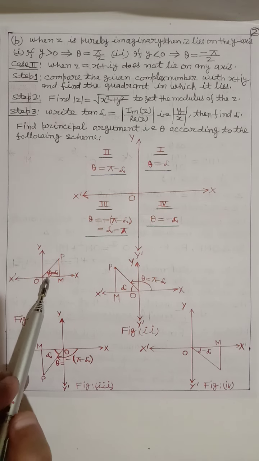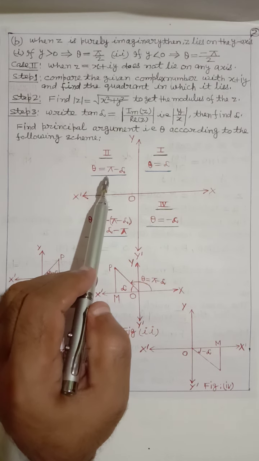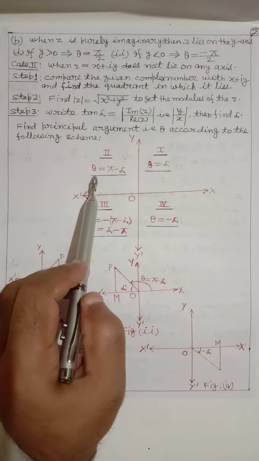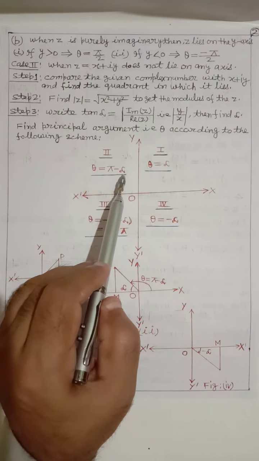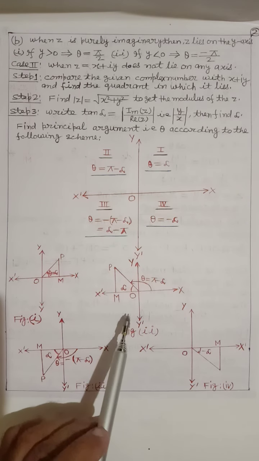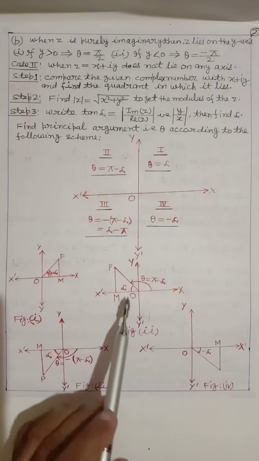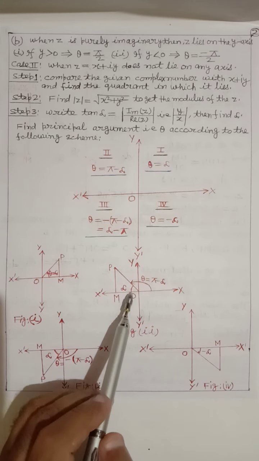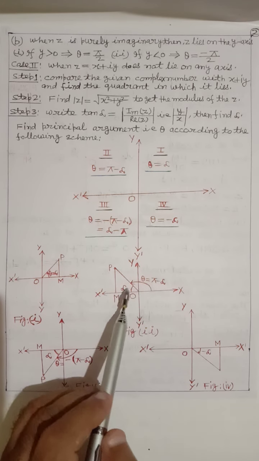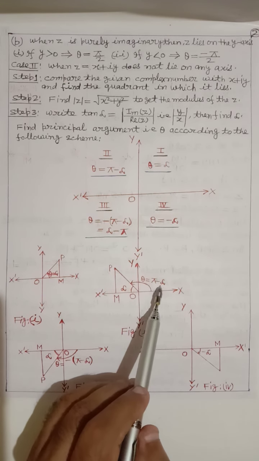If the given complex number lies in the second quadrant, the principal argument theta is equal to pi minus alpha, as we can see from figure 2. This is alpha, and this is theta in the anti-clockwise direction, so it is positive: theta is equal to pi minus alpha.